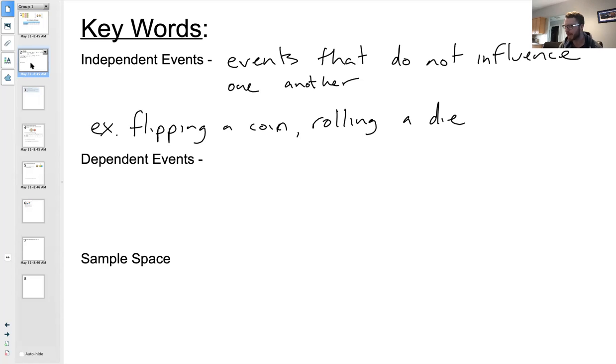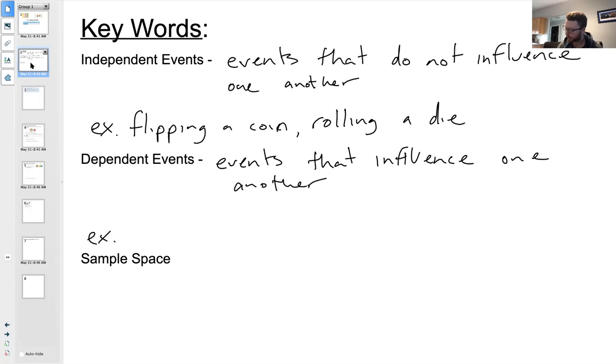Conversely, we have dependent events, and these are events that influence one another, or events that can influence one another. So a good example of that would be pulling cards from a deck and not replacing them.